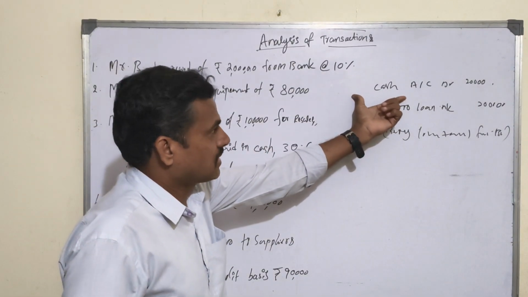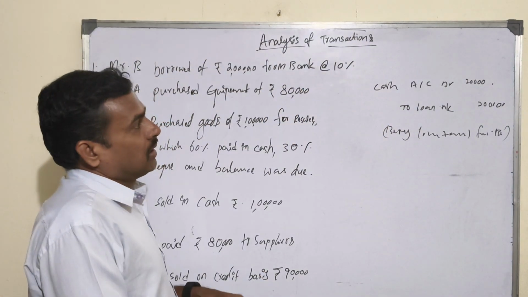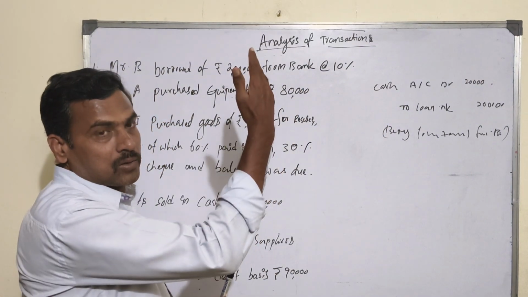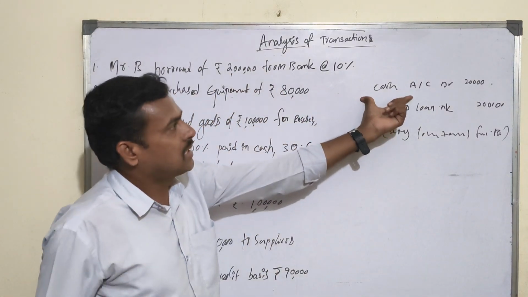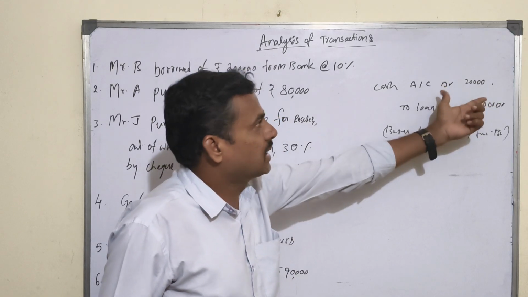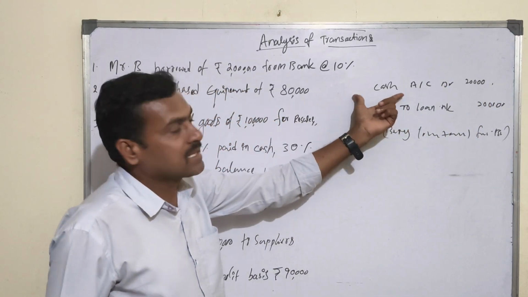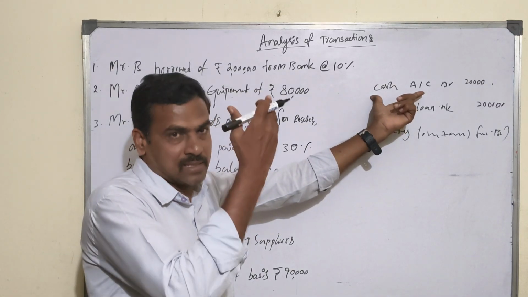As per the golden accounting rule, cash comes under which account? Real account. Debit what comes into the business. That means cash is coming to the business, and hence 2 lakhs is debit. That means increased. The element is asset. Asset is increased. Where will it impact? Balance sheet.